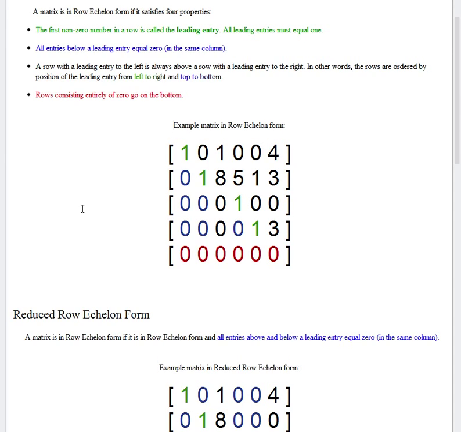Alright, the next thing that has to be satisfied is that this pattern is ordered. What I mean is if a leading entry is to the left of a leading entry in another row, then it has to be in the row above it.